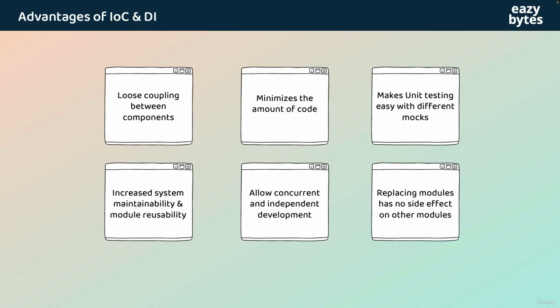And as we discussed just now, with the help of IoC and dependency injection, concurrent and independent development is possible. Multiple developers can start working on their own business logic, and whoever has a dependency on a component can use some dummy object or a mock object to proceed with their development. And the last advantage is that replacing modules will not have any side effects on other modules.